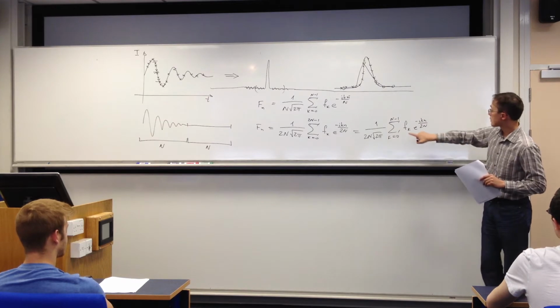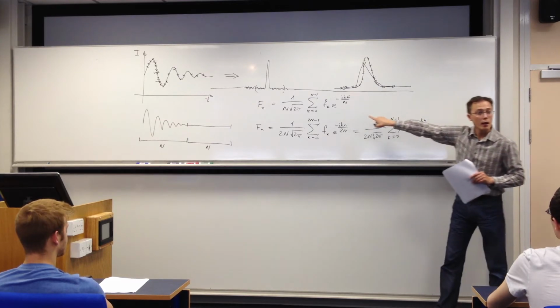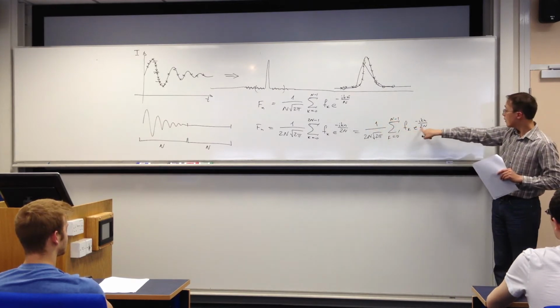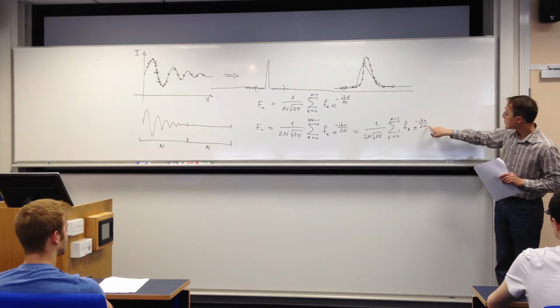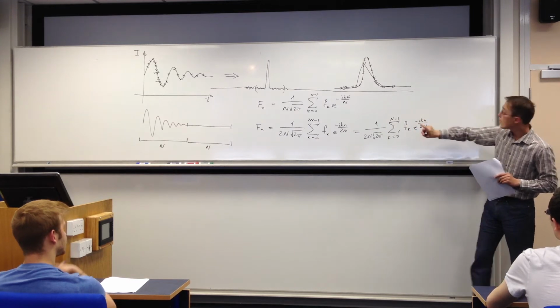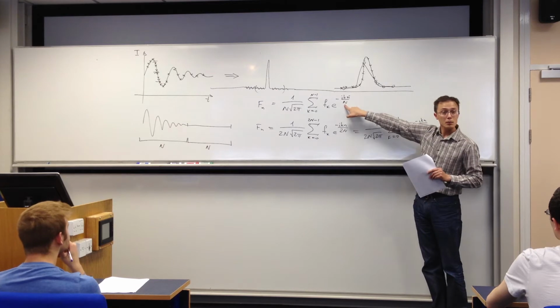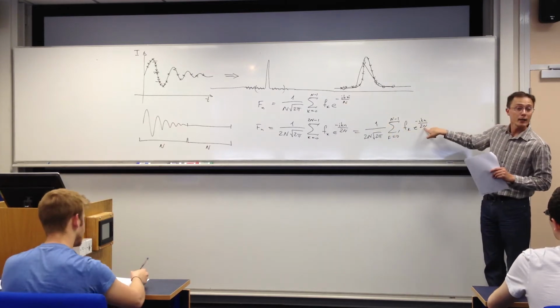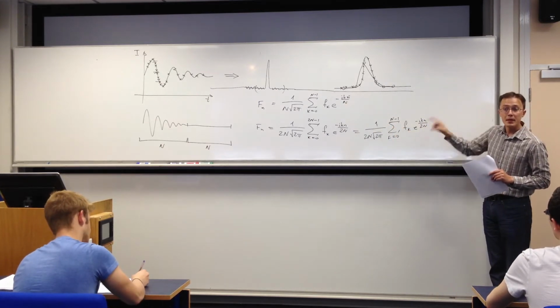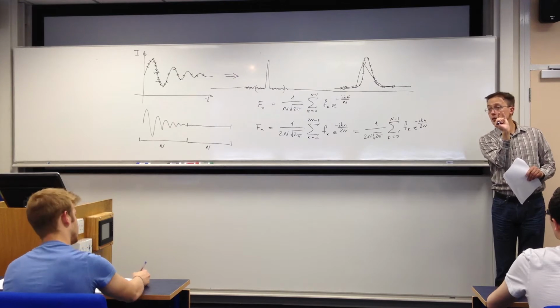Who can tell the difference between here and here? The frequency. The frequency step was 1 over N here, and it's 1 over 2N here. The frequency step became finer by a factor of 2.